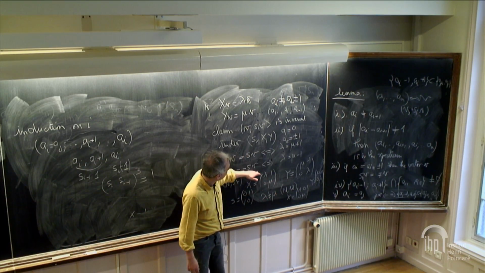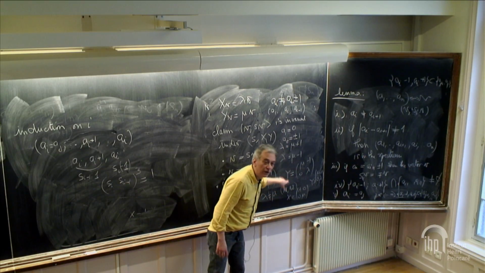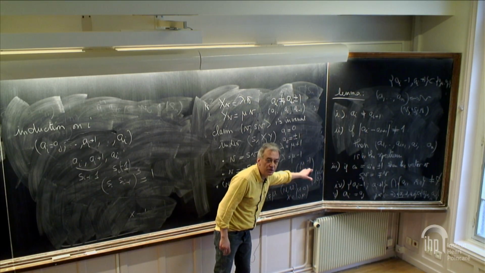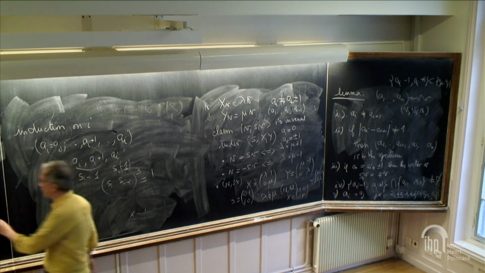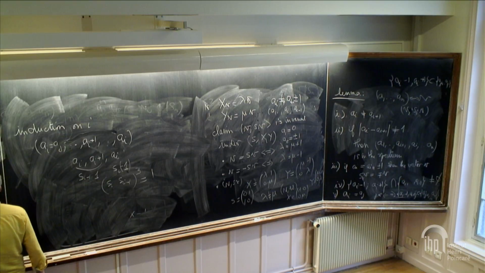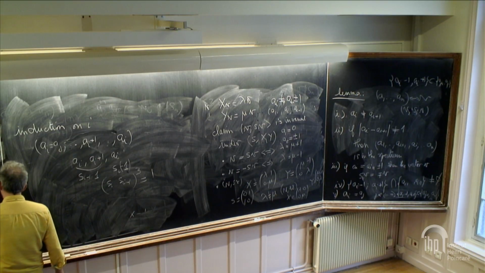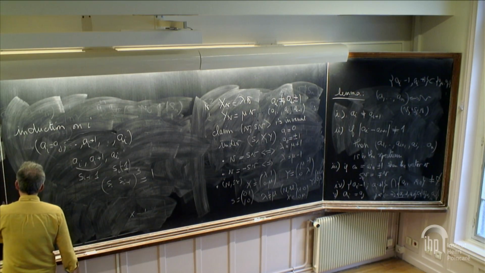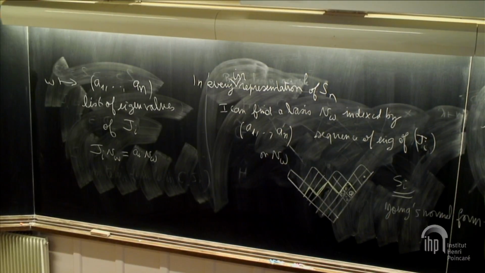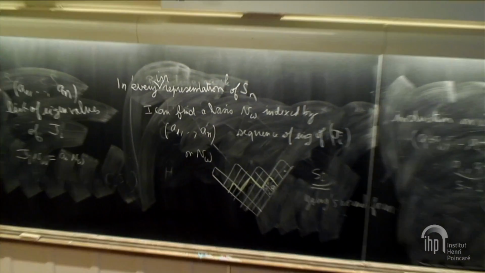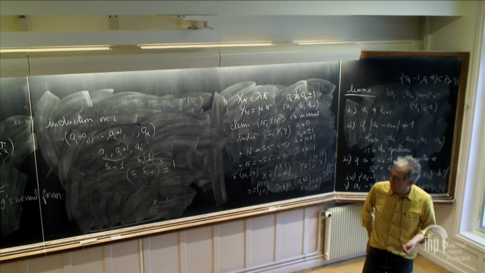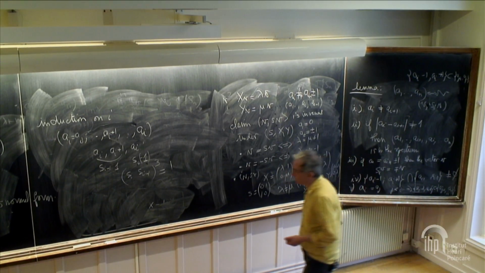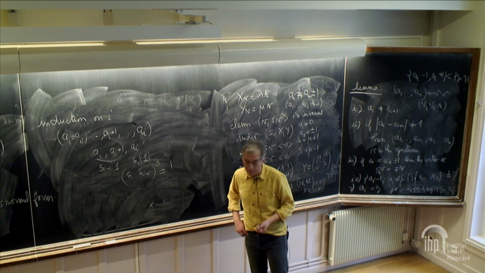Either I have plus or minus 1 eigenvalues, or I have 2 by 2 matrices to compute, which are here. Actually, this form is called Young's normal form. This way of describing the representation, by giving the way the s_i, the Coxeter generators, are represented in the basis. So you can write down explicitly the matrices, okay?